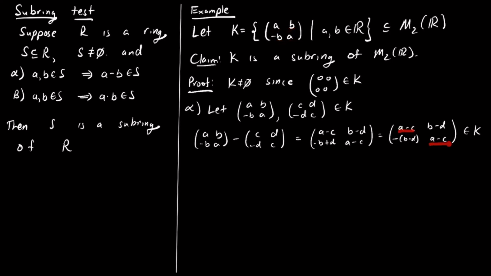So I see this is A minus C, A minus C, and this guy is B minus D, and this is negative B minus D. Okay, so we are closed under subtraction.